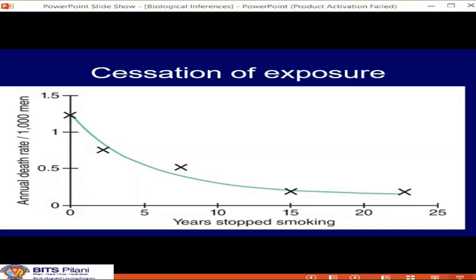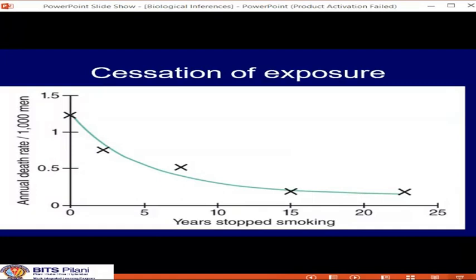As you can see, the curve is gradually decreasing, meaning from the time you stop smoking, the annual death rate starts decreasing. So we can conclude that perhaps smoking caused increased mortality, because stopping smoking seems to decrease annual mortality.